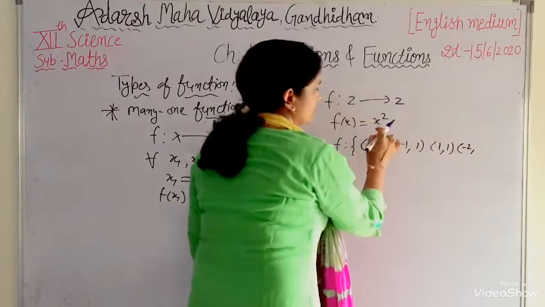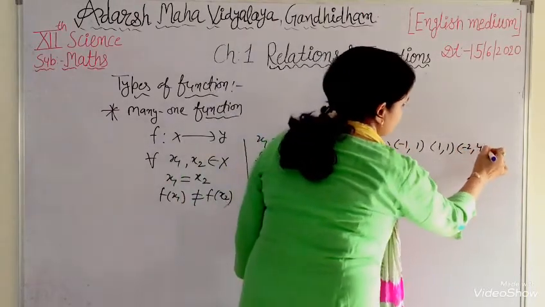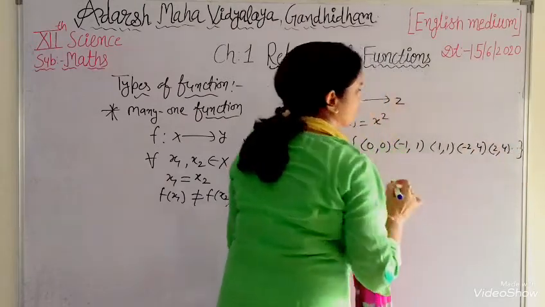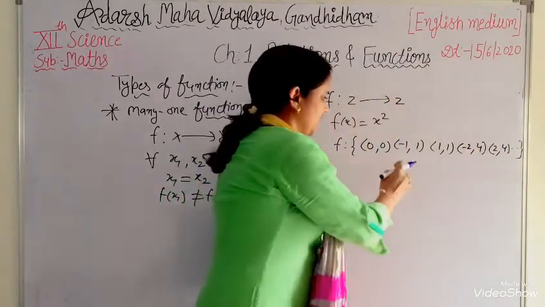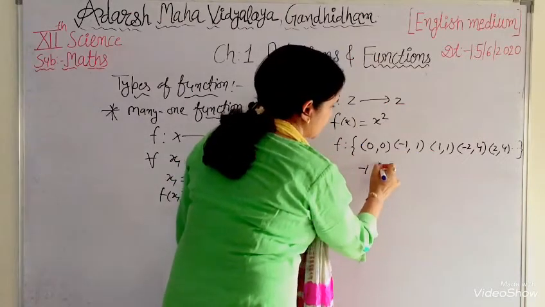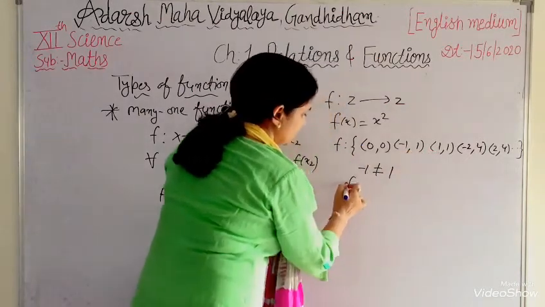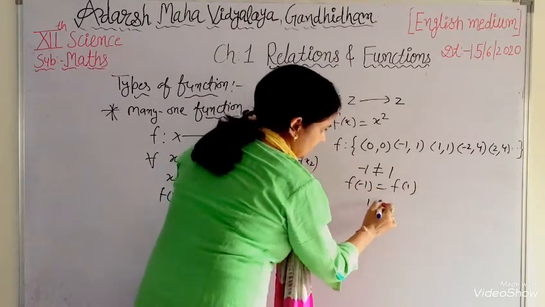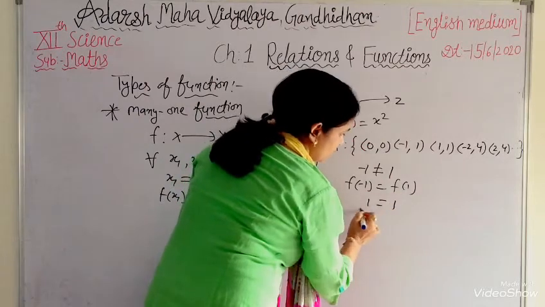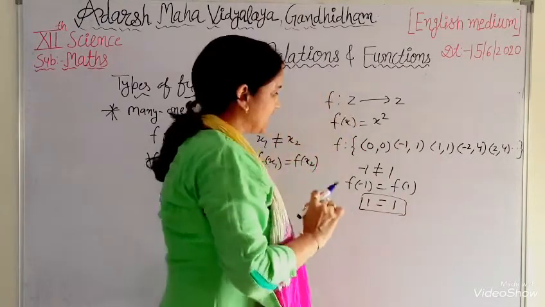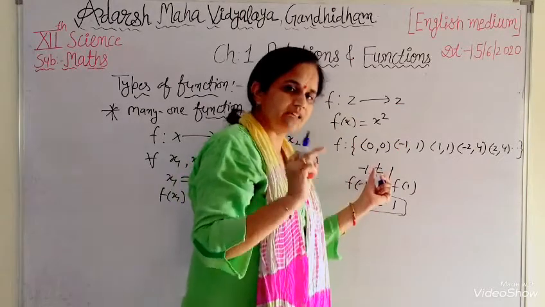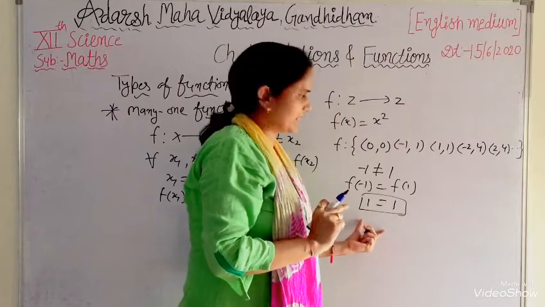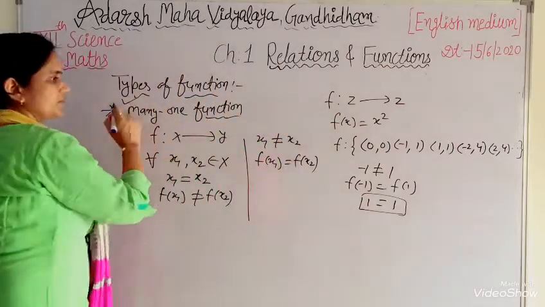Image of minus 2, square, is 4. Image of 2 is also 4 and so on. Let's see, student, here minus 1 is not equal to 1, but image of minus 1 is 1 and image of 1 is also 1. Elements are not equal, but their images are equal. Such type of function is known as many-one function.